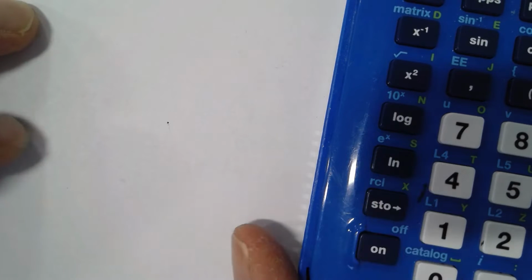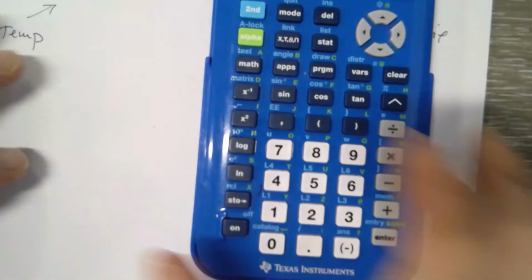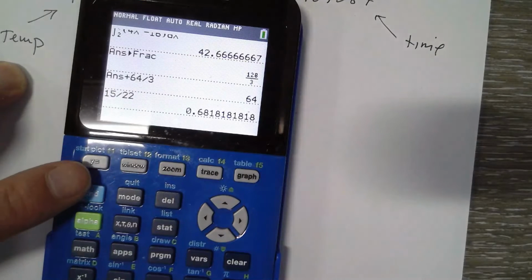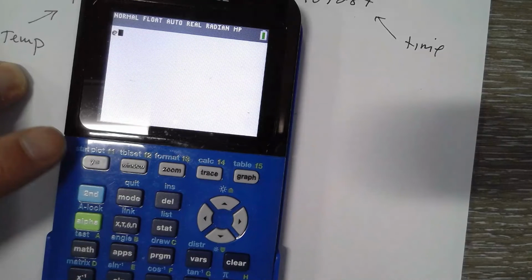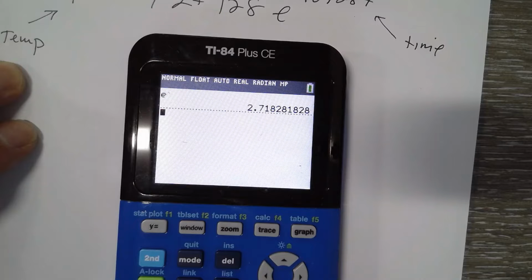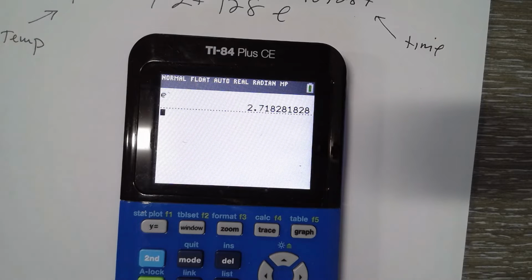Or there's an e to the power right here. So it's so important it's on there twice. If I just want to know what e was, type in e, and it's 2.718, yada yada yada. So it's just a number.